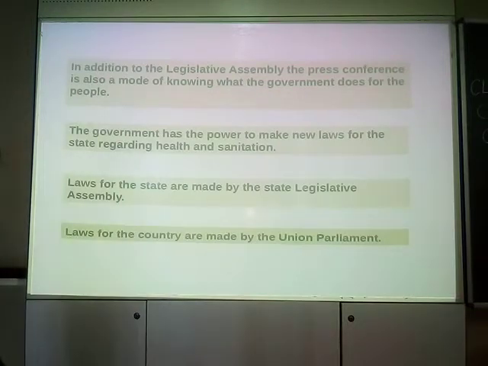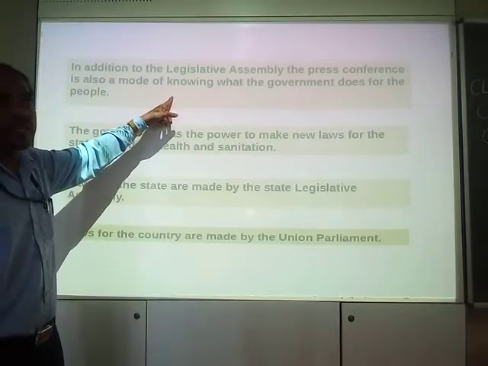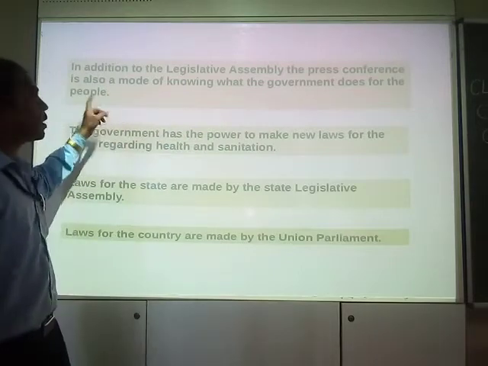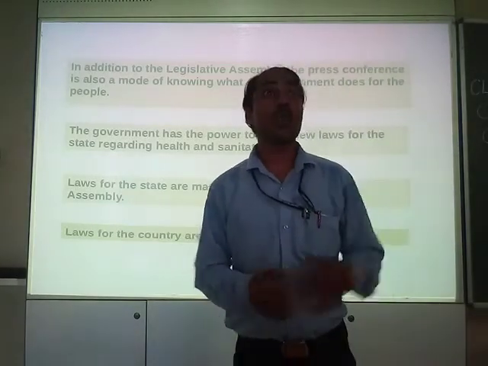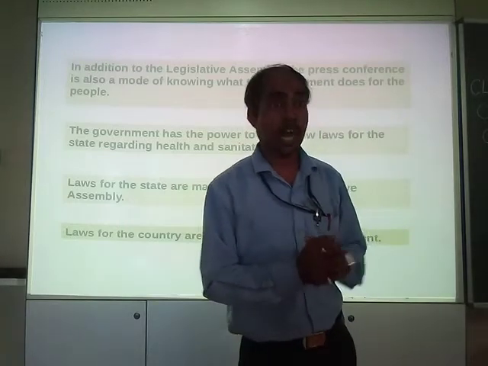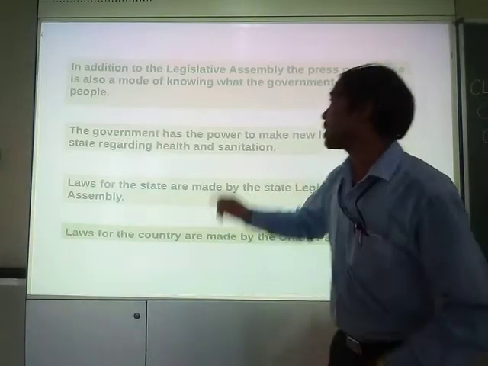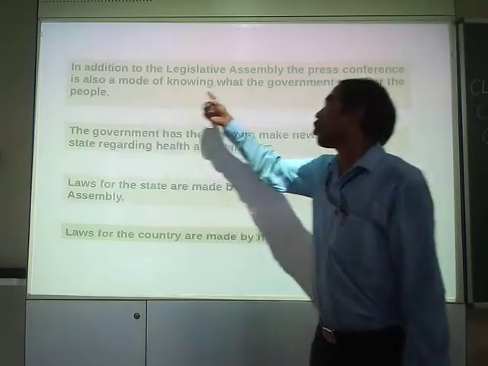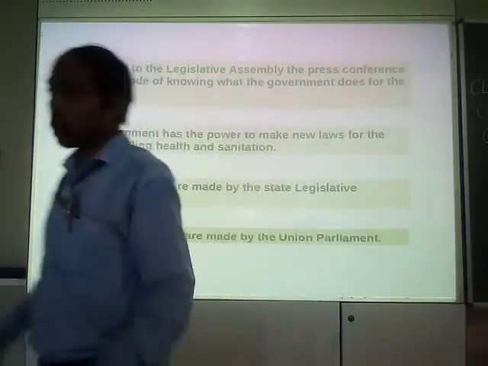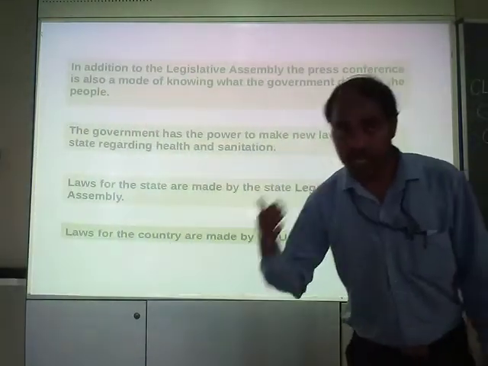In addition to the legislative assembly, the press conference is also a mode of knowing what the government does for the people. So, if we need to tell the people what the government is doing nowadays, how it is acting, whether it takes care of the people or not, it is the press conference, which is a source of knowing how the government works or functions.